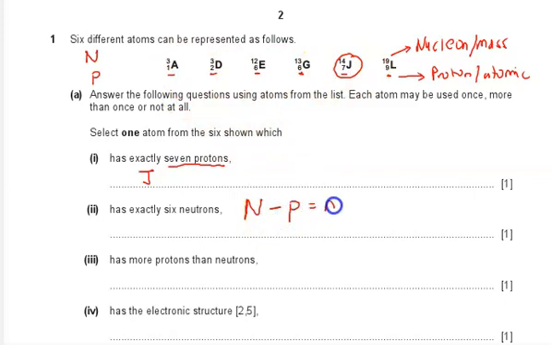When we subtract, the neutrons we get are 2, 1, 6, 7, 7, and 10. So exactly 6 neutrons will be E. This is your answer.